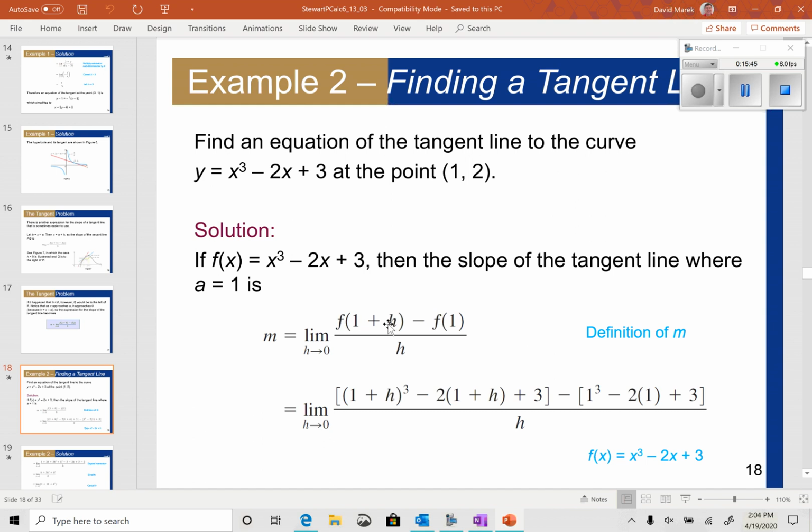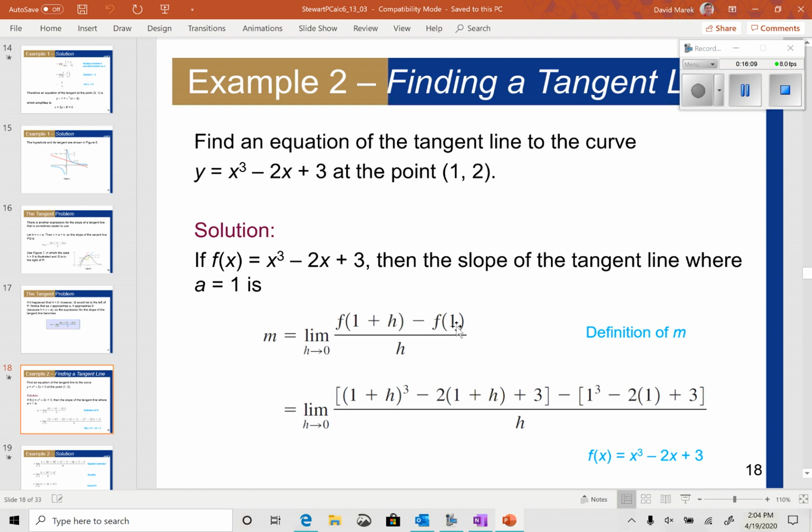So for this first part here, we now have a binomial, f of 1 plus h. We've got to substitute that in place of the x in both, in this case, two places. So 1 plus h cubed minus 2 times 1 plus h plus 3. So all of this in that first set of brackets there is f of 1 plus h.